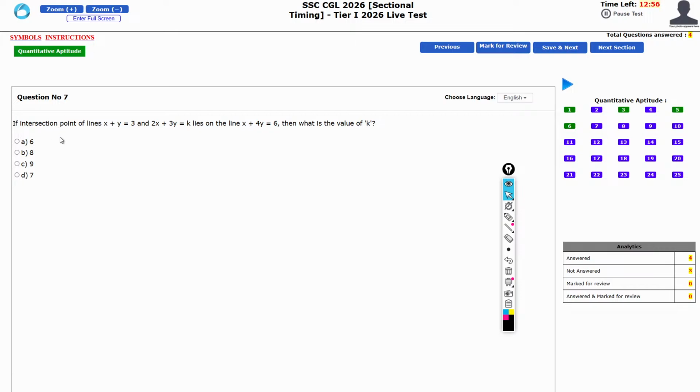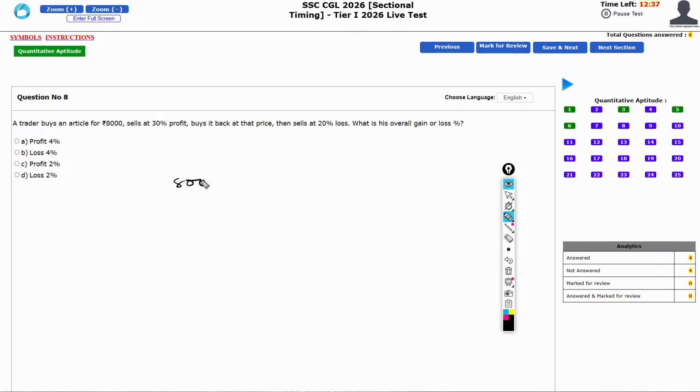If intersection points of this and this lies on this line, what is the value of k? Okay, later. A trader buys an article for 8,000, sells at 30% profit, and buys it back at that price, then sells at 20% loss. At what price? At 8,000.